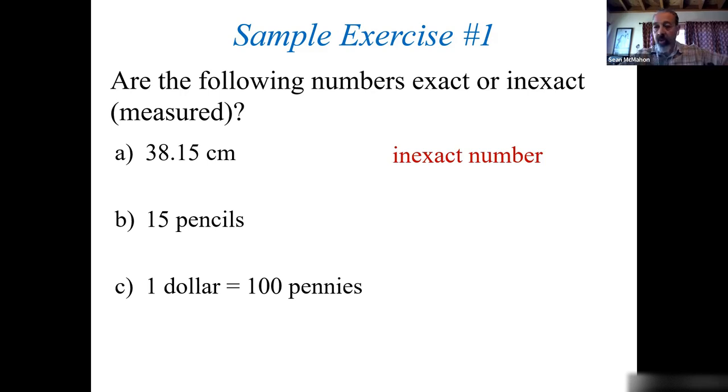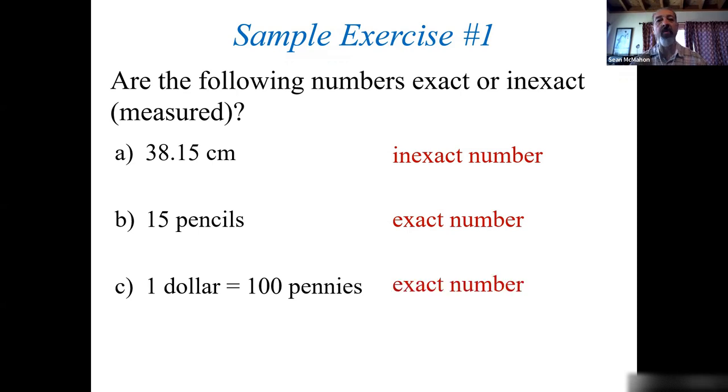You had to take a ruler, use the lines, the graduations they're called, to make a measurement. Because of that, it's inexact because there's going to be some level of uncertainty at one point. You have to estimate somewhere. How about 15 pencils? Could I count 15 pencils and without doubt there be 15 pencils? Yes, because I can count those out. That's treated as exact. $1 to 100 pennies, that's exact.